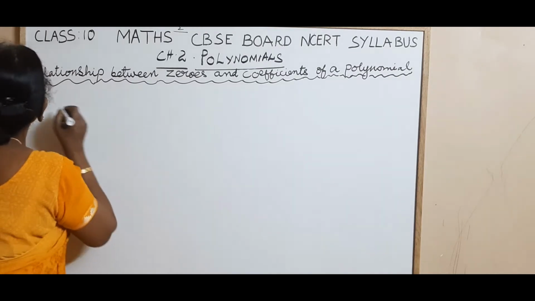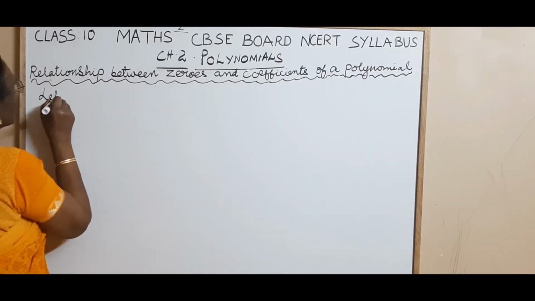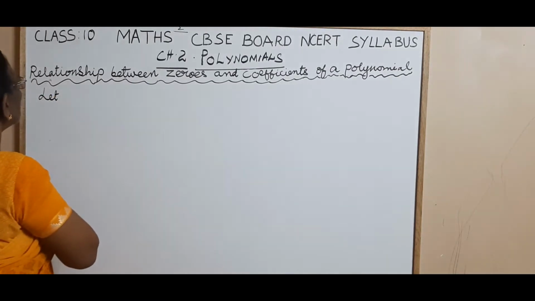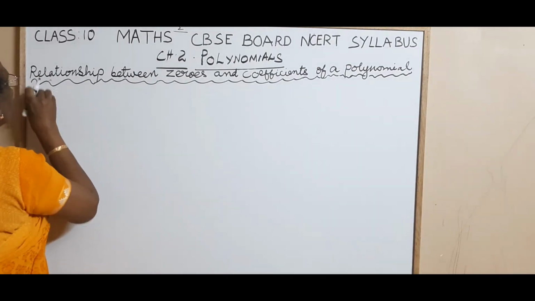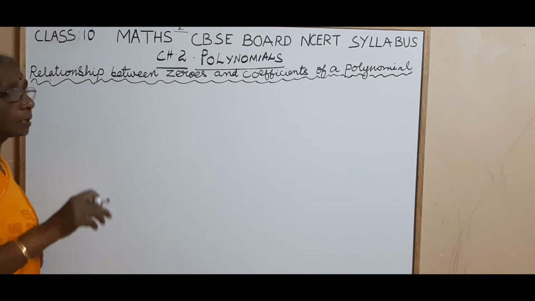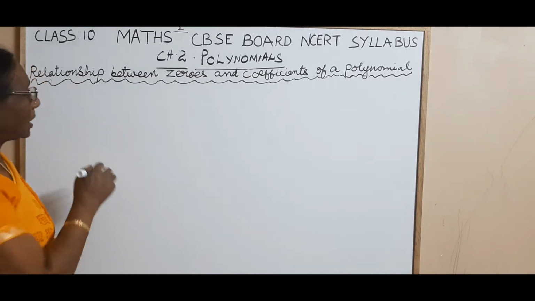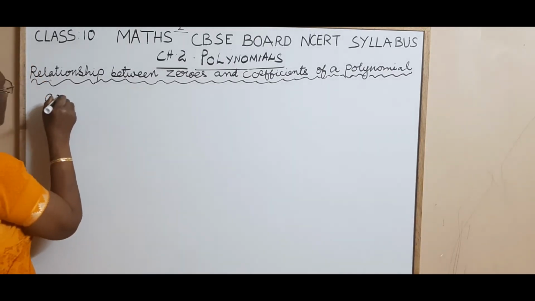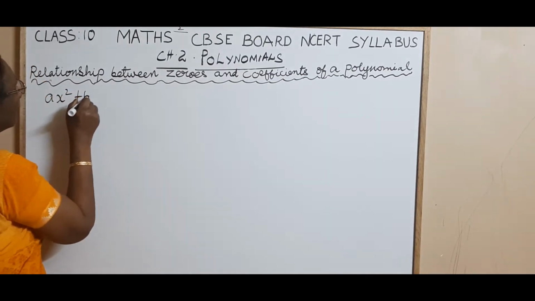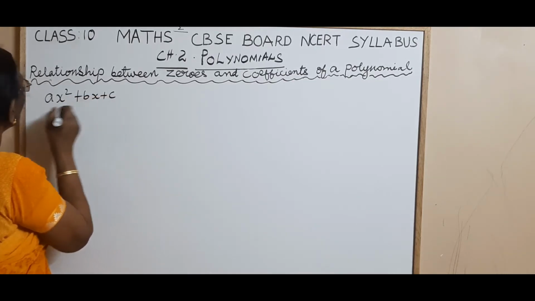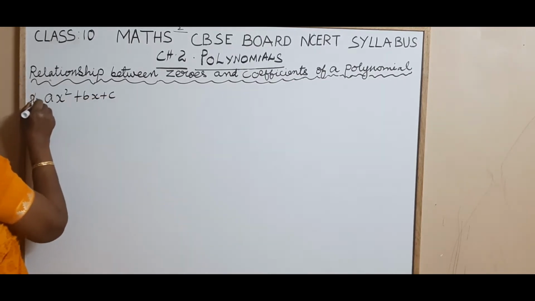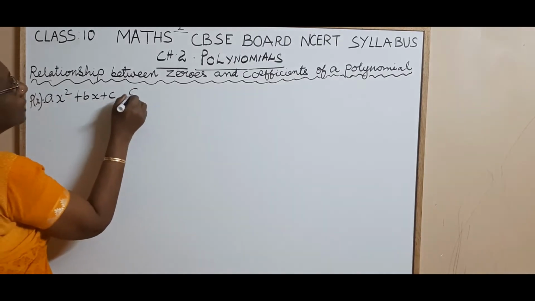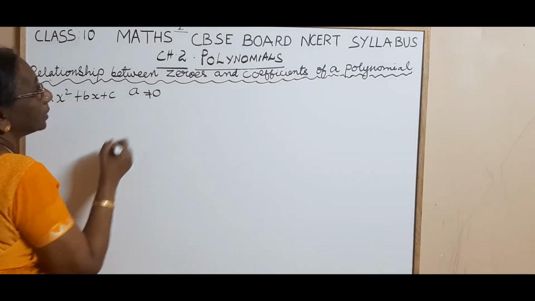Let p of x be the polynomial ax squared plus bx plus c. This is the general form of a quadratic polynomial, a not equal to 0.